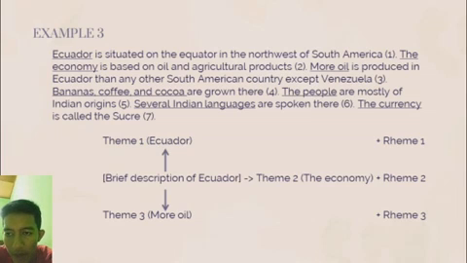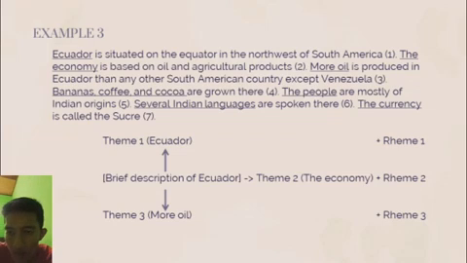Well, let me explain one by one. Ecuador is theme 1 and is situated on the equator in the northwest of South America is rheme 1, and the economy is theme 2 and is based on oil and agricultural products is rheme 2. More oil is theme 3 and is produced in Ecuador than any other South American country except Venezuela is rheme 3.